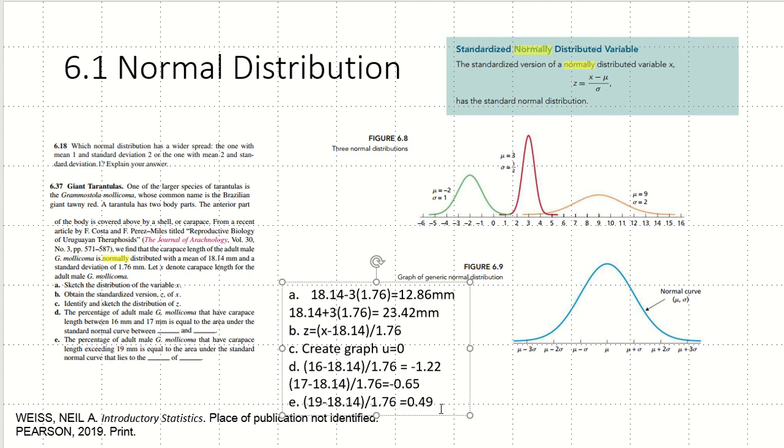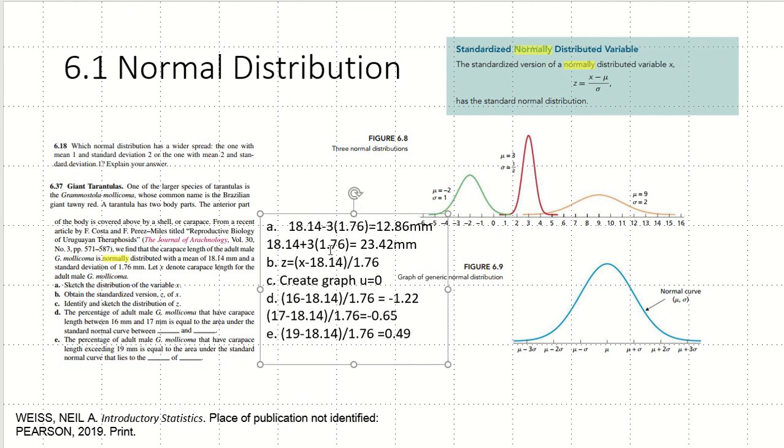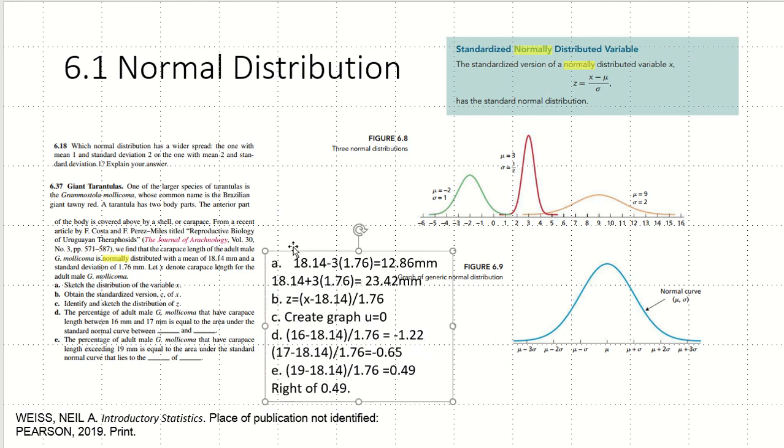So the answer for part E is the area that lies under the standard normal curve to the right of 0.49.